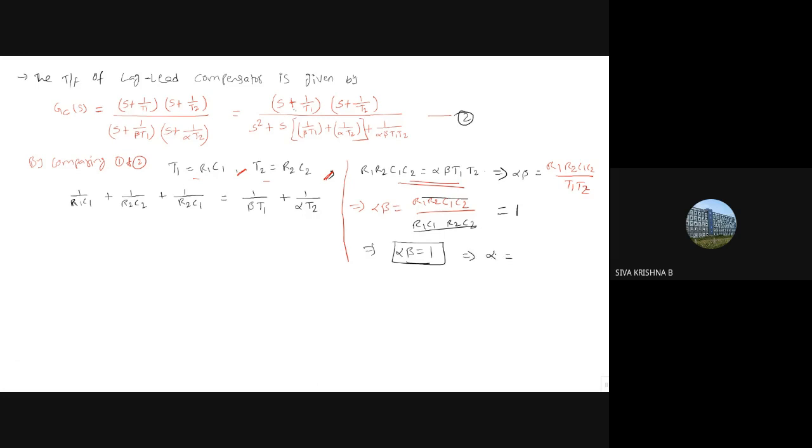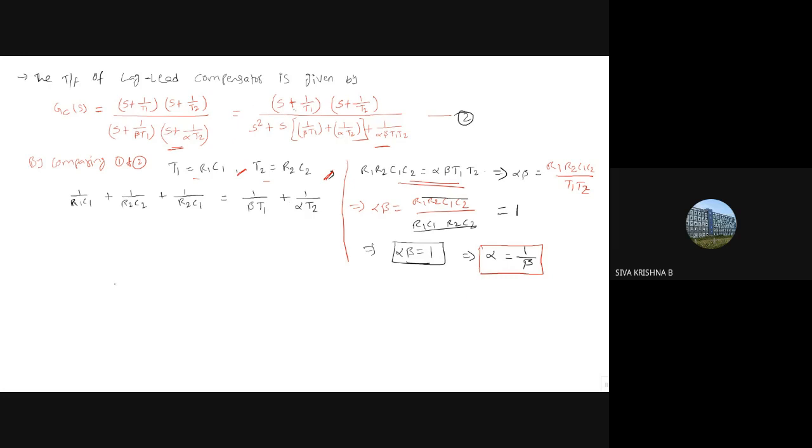Alpha is minus beta... 1 by beta. Okay, 1 by beta. So please compare these two now. So now you can replace here or here with alpha equals 1 by beta.